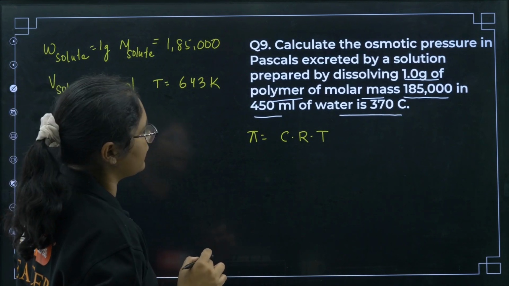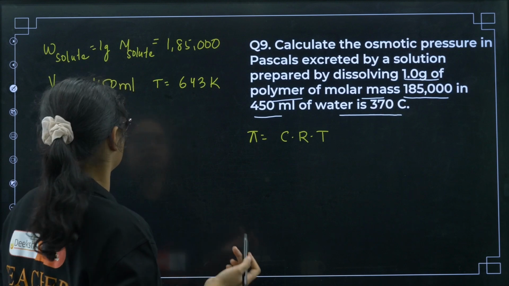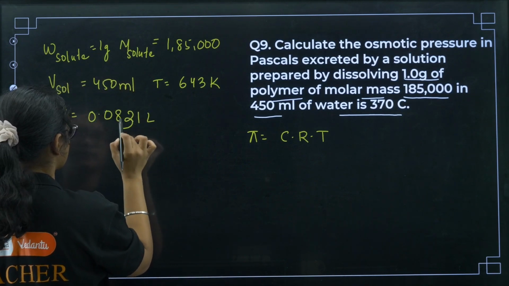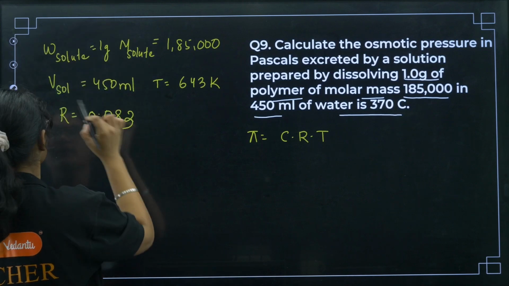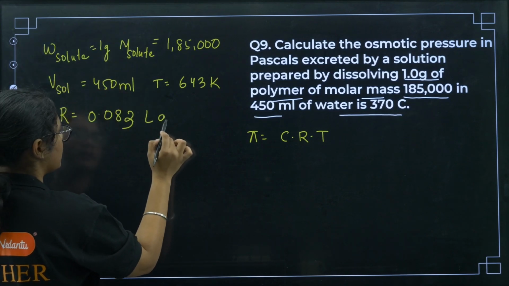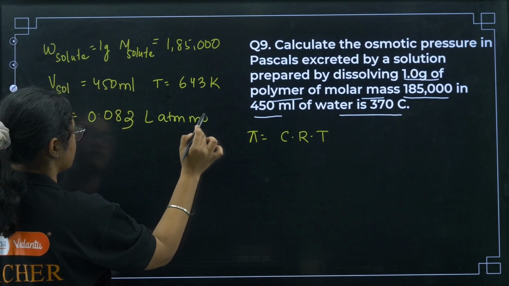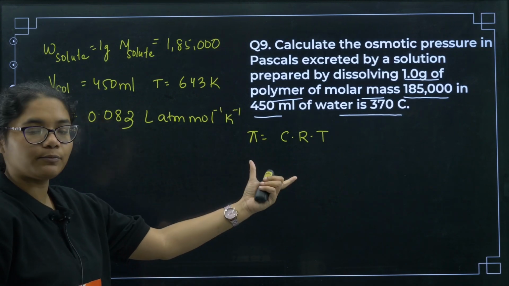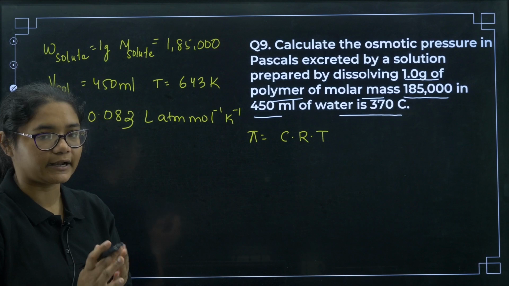Is it given to you in the question? No. So we can take 0.0821 or you can just take 0.083, liter atm mole inverse Kelvin inverse. Please remember these units, and whenever you put values with units, see how the units are getting cancelled.